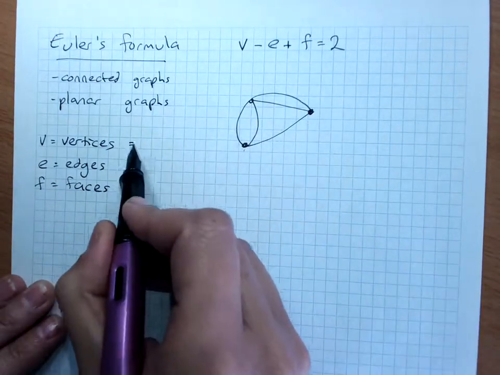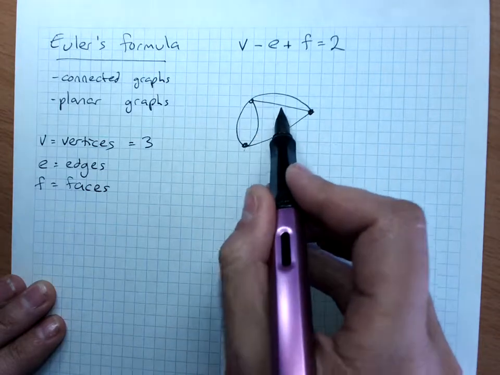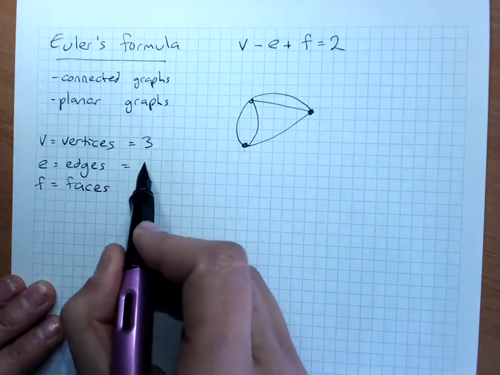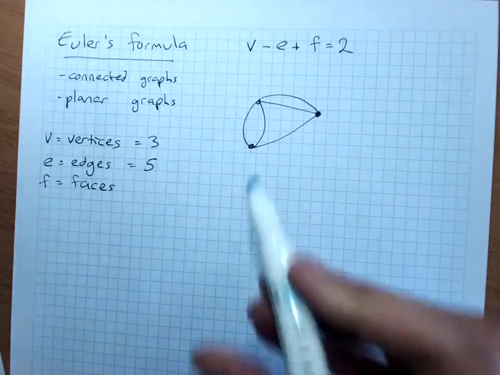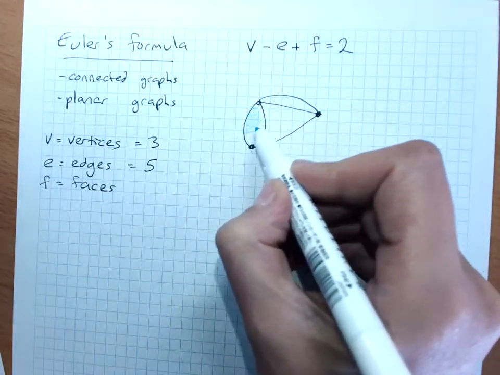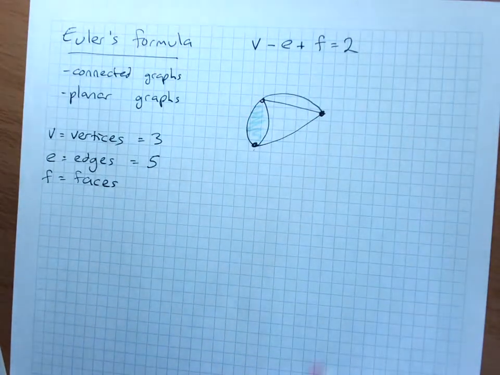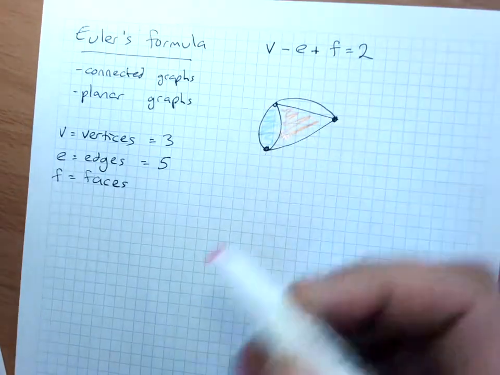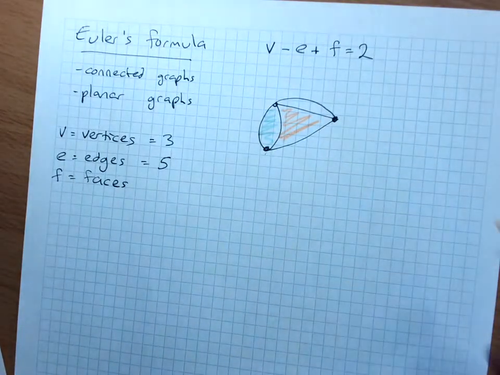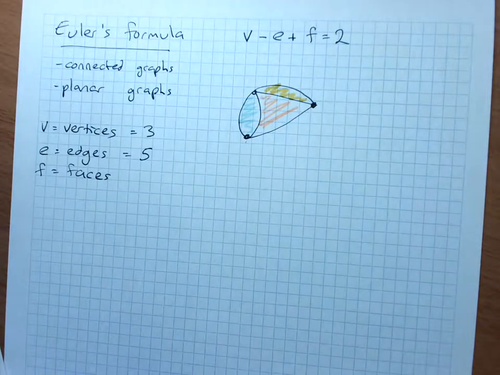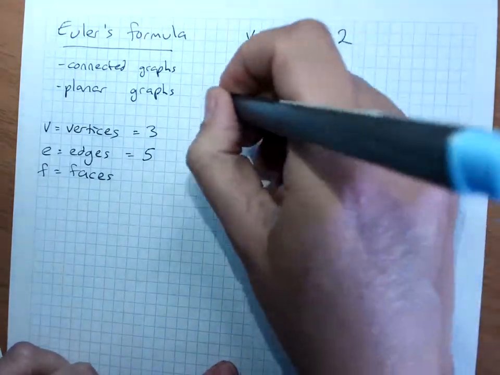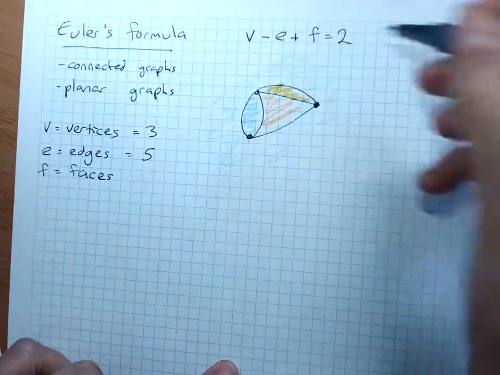There's 3 vertices. There's 1, 2, 3, 4, 5 edges. Faces are like the zones in the shape. So there's a face here, a face here, a face here, and there's the exterior face that's all around the outside of the graph.